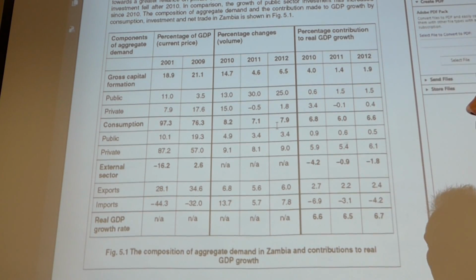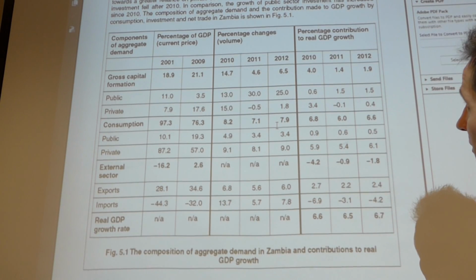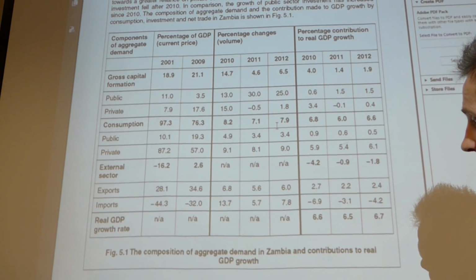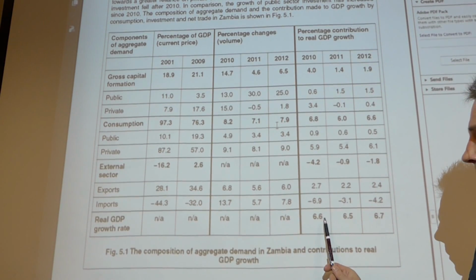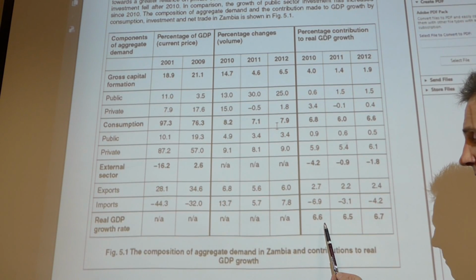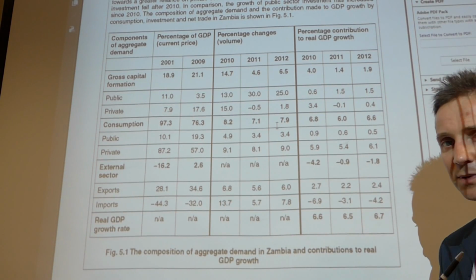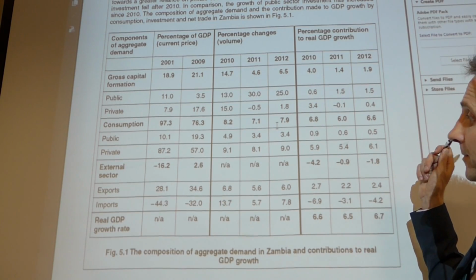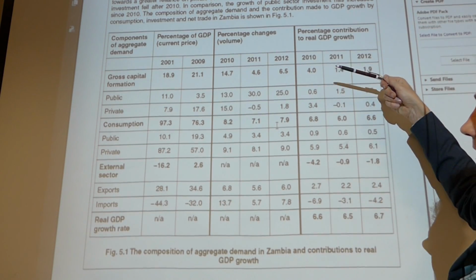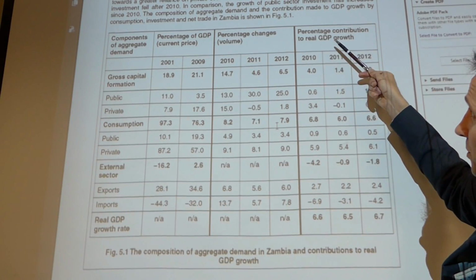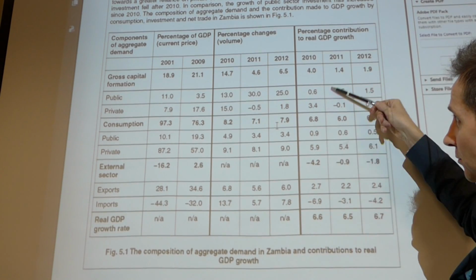And then finally, we look to the percentage contributions to real GDP growth. So we can see these are impressive growth figures, certainly 6.6%, 6.5%, 6.7%. Certainly impressive. And we can see here the various contributions to these levels of growth.